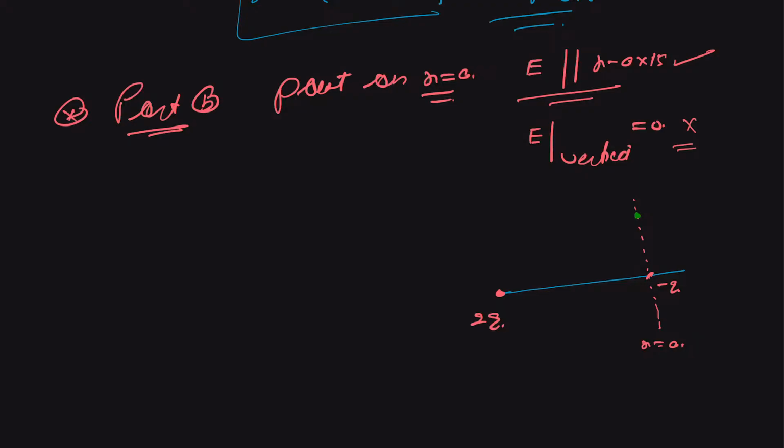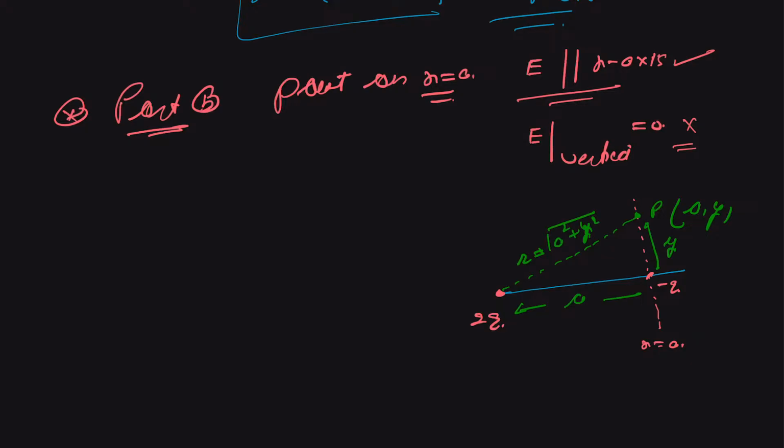So we assume that we consider a point P, and the coordinate of P will be equal to a comma y. So we consider this is our y, and this is our a. Therefore our distance r will be equal to square root of a square plus y square.